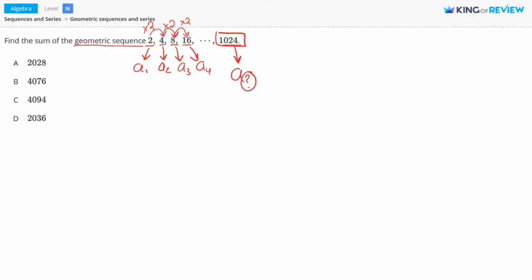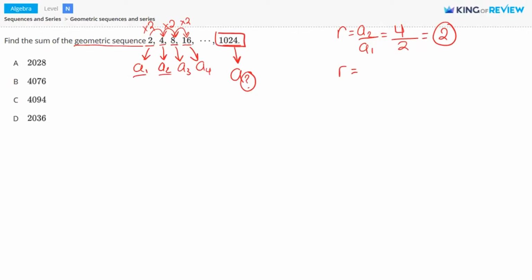You can also determine the common ratio using the equation r equals A2 divided by A1. A2 is 4 and A1 is 2. So 4 divided by 2 is 2. 2 is the common ratio. You can choose other terms as well.